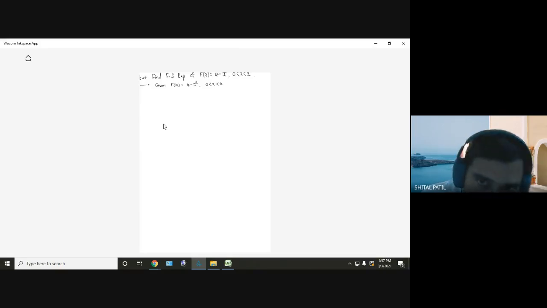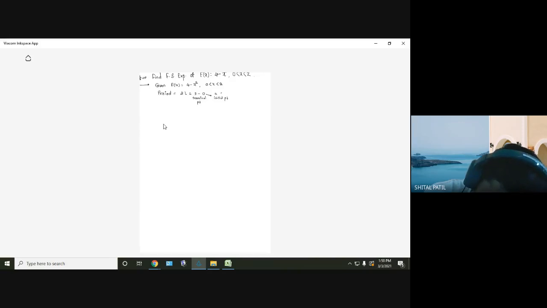Okay, so write with me. f of x is periodic function of period 2L equal to, what is length of the interval? x equal to 0 to 2, 2 minus 0, na? 2. 2 is terminal point, and 0 is initial point.